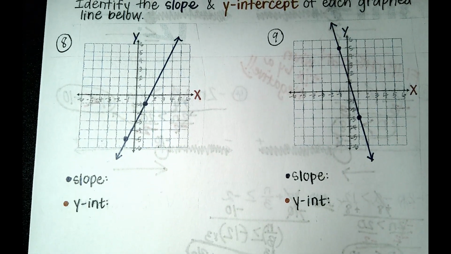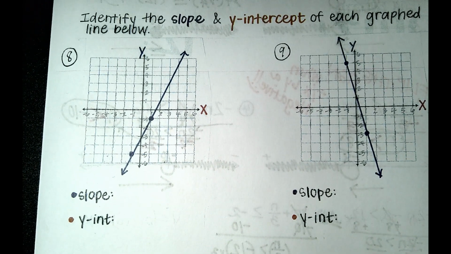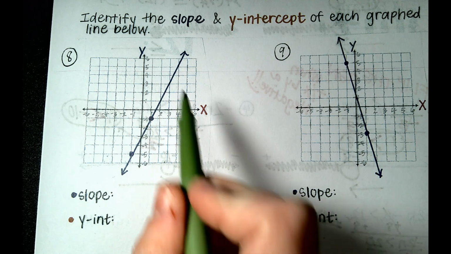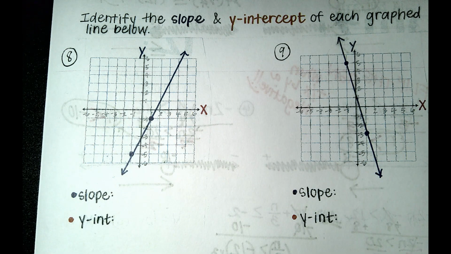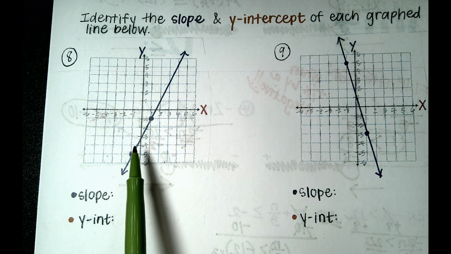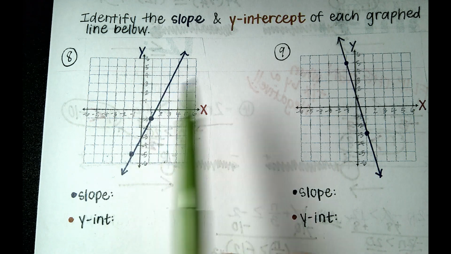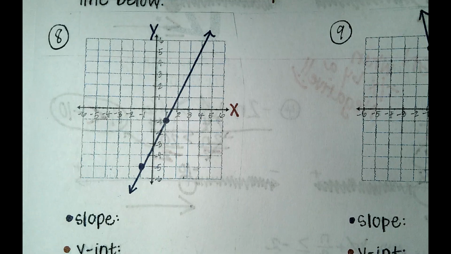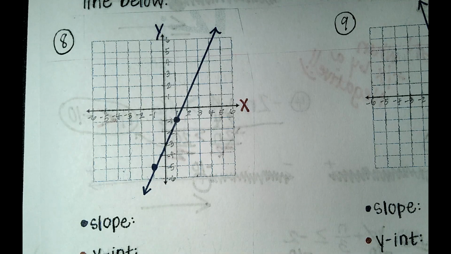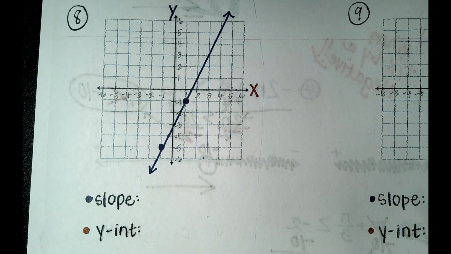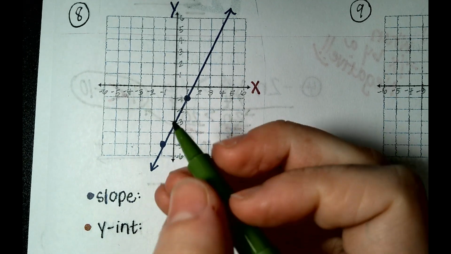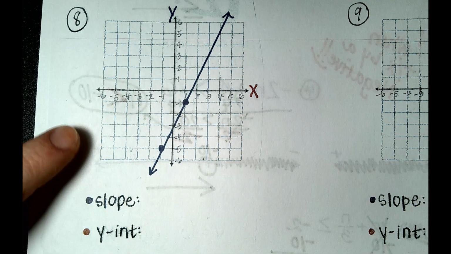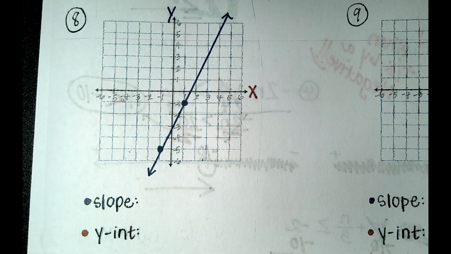Let's look at number 8. Now we're going to identify the slope and the y-intercept of the graphed line. So for number 8, how am I going to find the slope of this line? What is slope? Rise over run. So I need to count from one point to the next. How far do I rise?